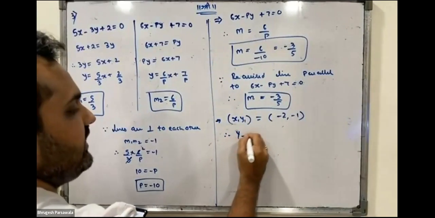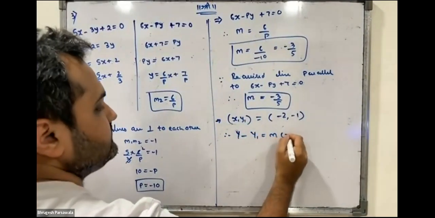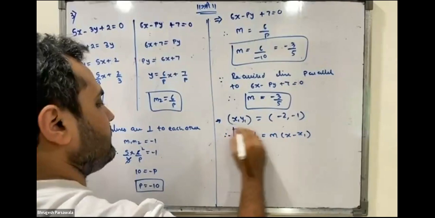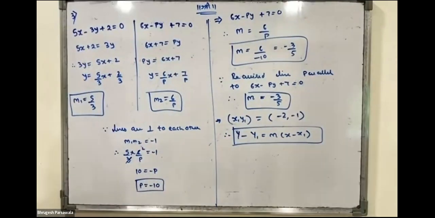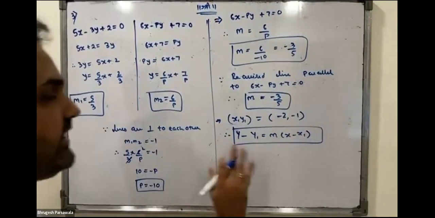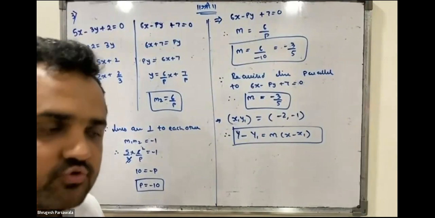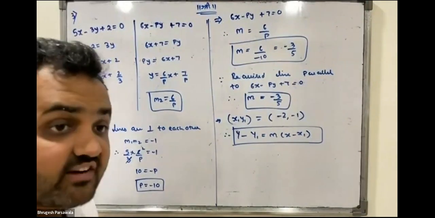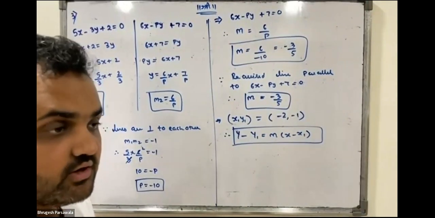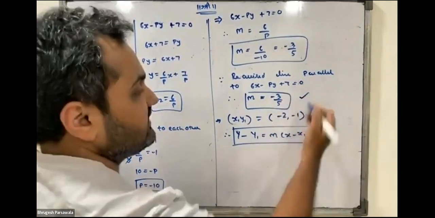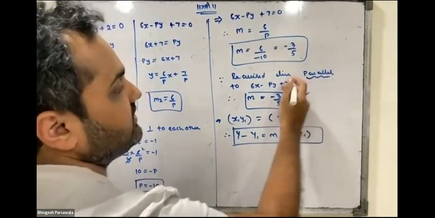Therefore, what will be the equation of line, beta? What is the formula? Remember one thing: whenever you are asked to find the equation of line, the formula remains the same: y minus y1 equals m into x minus x1. So always keep asking yourself what my slope is. I got the slope from the hint given, parallel to the line.